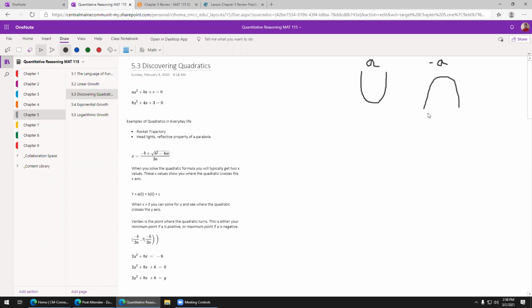And this is key when you're graphing it, because it will help make sure that everything is going the right way, right? So that's a neat little trick. When you go to graph this, if your a is positive and your graph is going down, then there is an issue somewhere, right? And vice versa.